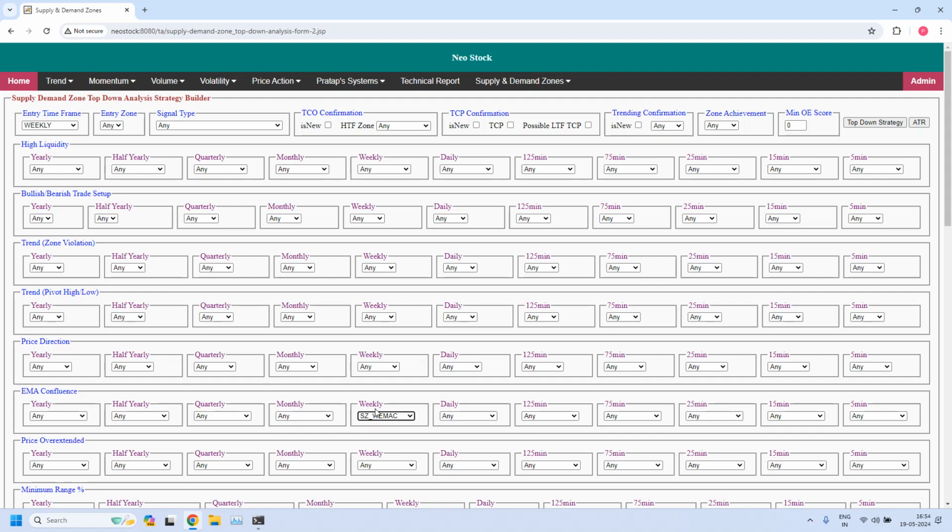What about the trend? The trend also, zone violation in weekly time frame, I am selecting downtrend, because only in downtrend does a supply zone with weekly EMA confluence make sense, because this is a short trade setup.